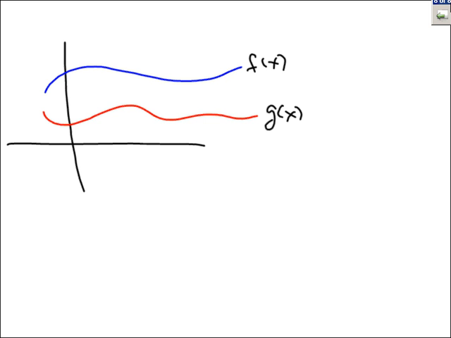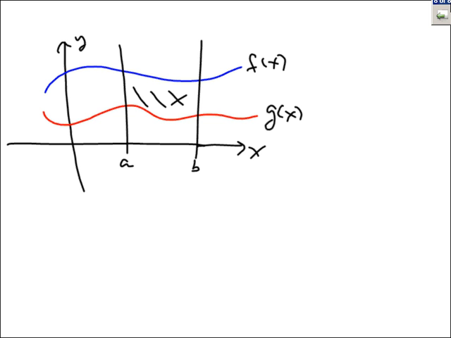If you want the area between the two curves between A and B, that is, if you want this area, it's very straightforward. It's the integral from A to B. It's always the top curve minus the bottom curve, dx.